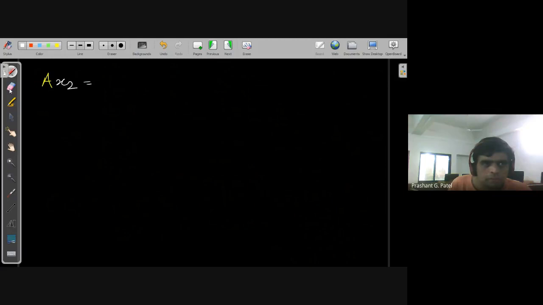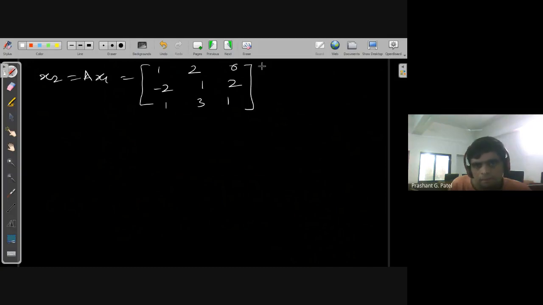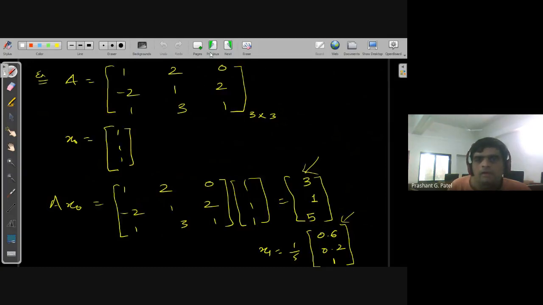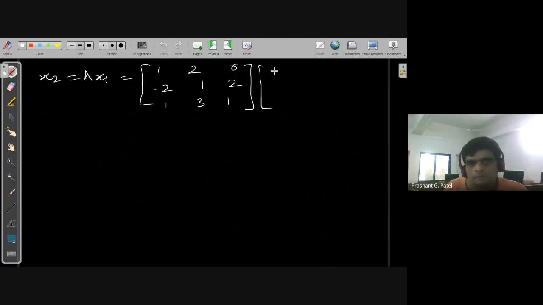So that's why we take x2, which is A x1. Our matrix is 1 2 0, minus 2 1 2, 1 3 1, and the approximate eigenvector we have calculated is 0.60, 0.2, 1.